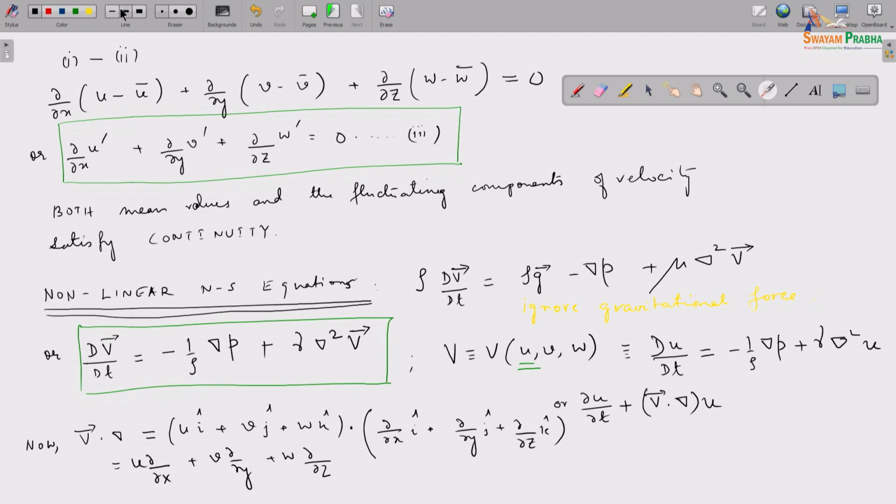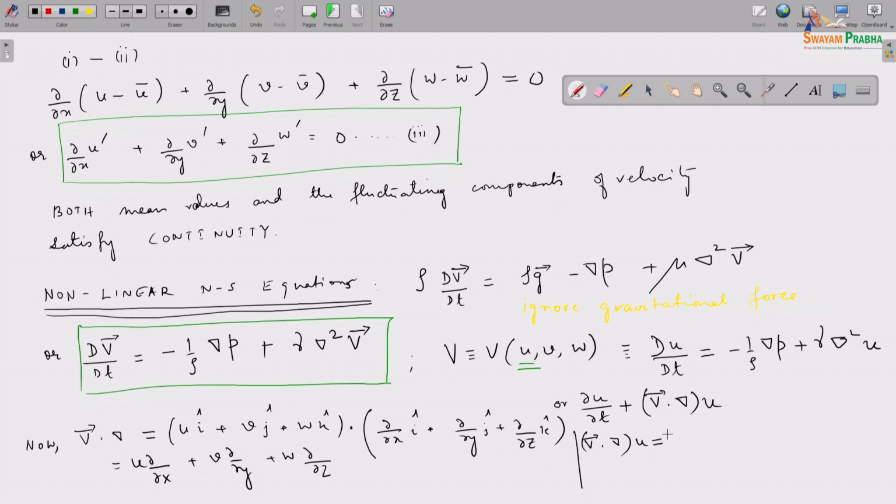Therefore, then the second term becomes into u.